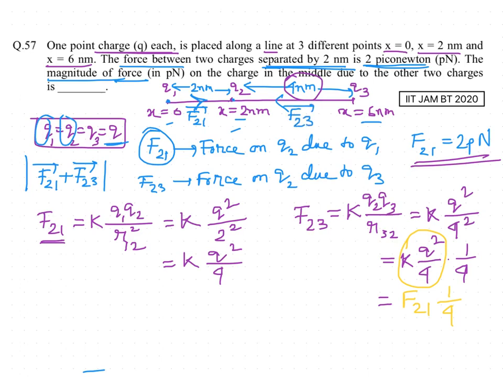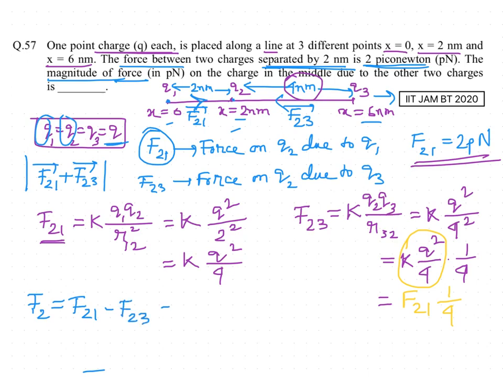So the resultant force of F21 and F23 would be along the right side, that is eastward, along this direction. Okay, so this would be F2. If the resultant force is F2, then F2 is the magnitude of F21 minus F23.